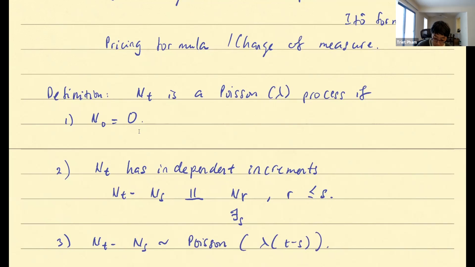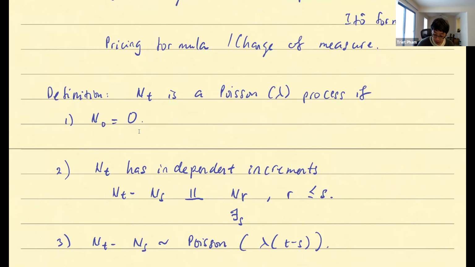So this is what makes a difference. Poisson and Brownian motion are both processes with independent and identically distributed increments, but they're at opposite ends. The Brownian motion is normal, so it's continuous. The Poisson process is Poisson, so it's discrete, because Poisson random variables only take on discrete values.